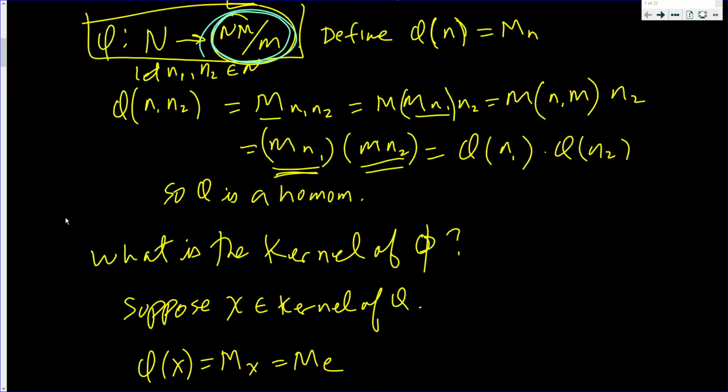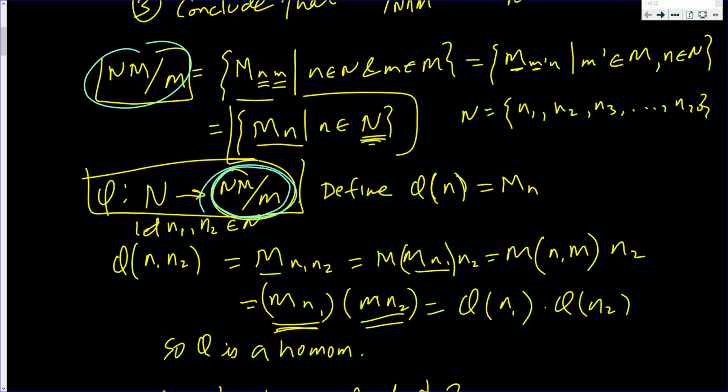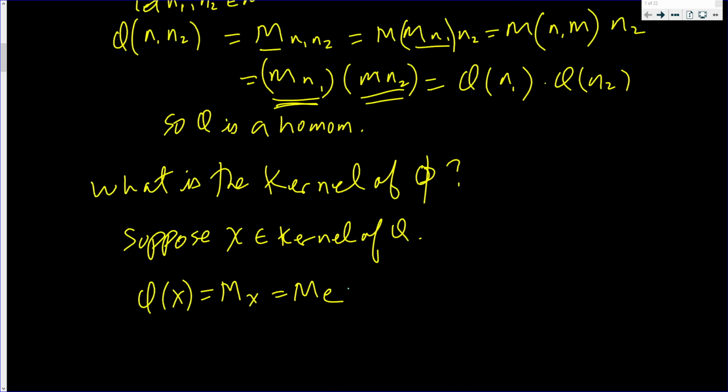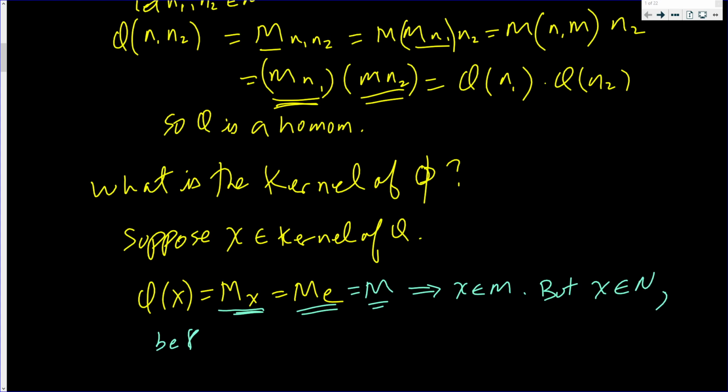Now, by definition of this quotient group, it equals M times something, where that something is in N. But now, this here equals M. Well, the only way a right coset of M is equal to M is if x is in M. But x is also in N, because phi is a mapping from N to somewhere else.